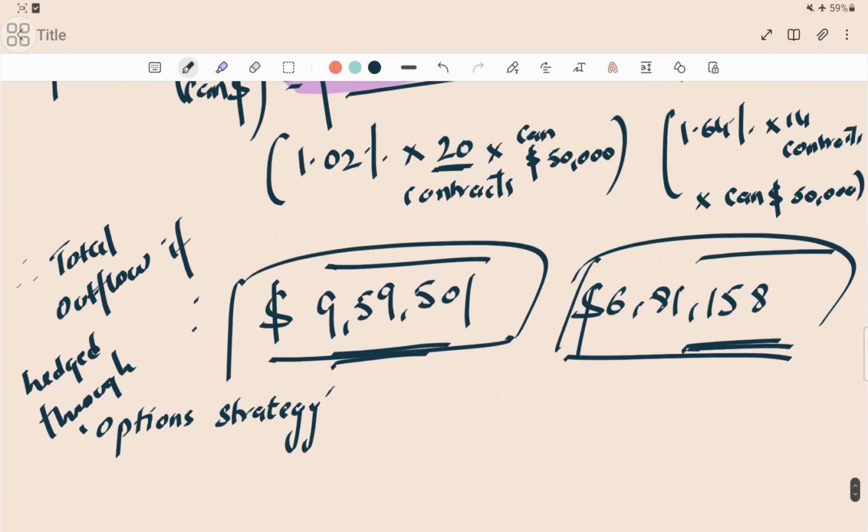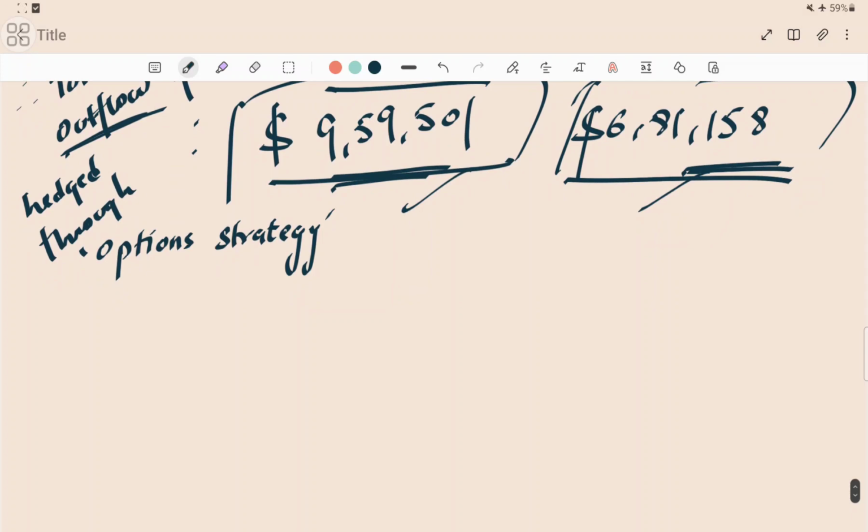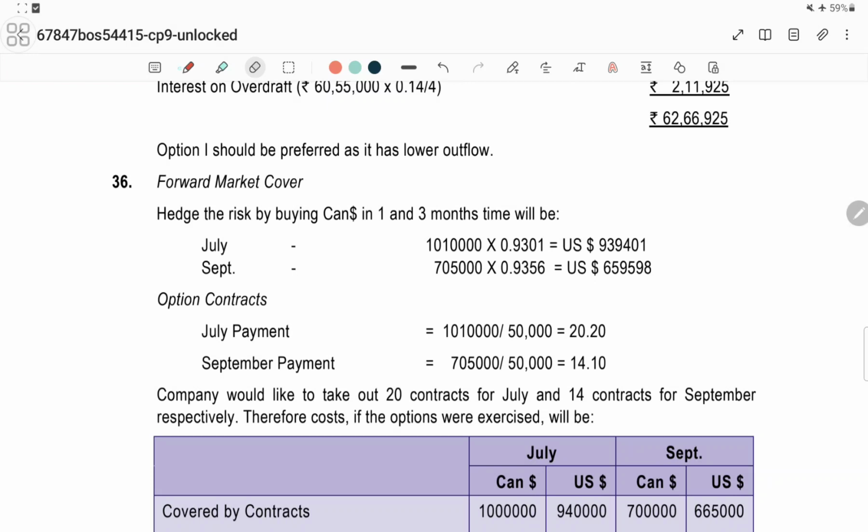So this is the total outflow basically. If you compare this outflow with the forward cover that we had done initially, remember, whichever is lesser will be your advisable hedging strategy. Common sense, because you have to pay. Your exposure is Canadian dollar and your transaction is payment outflow, right? So let's compare. See the solution. Here only we'll compare. We've done this entire thing.